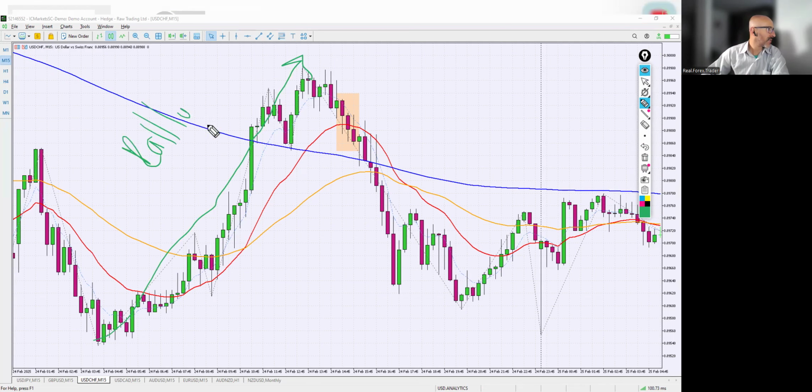So I can clearly observe here this bull rally. Here, at the very top, I start observing that something starts to happen, right? There are red candles, there are bear candles.